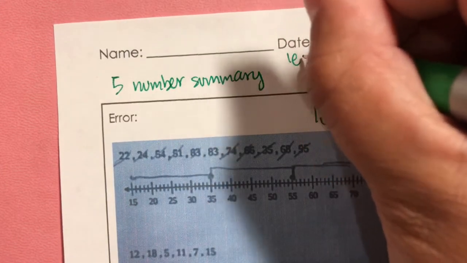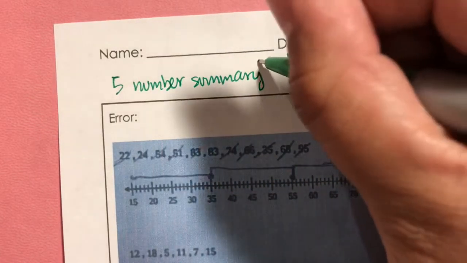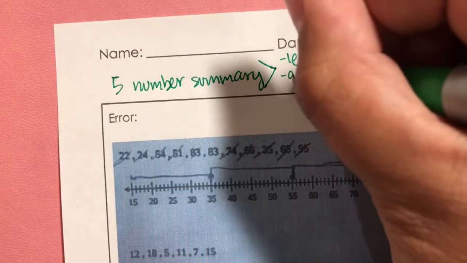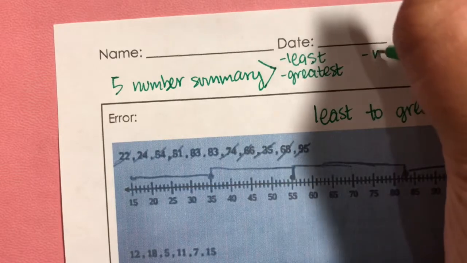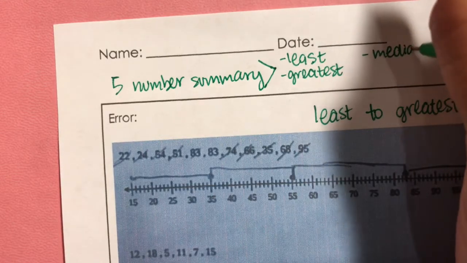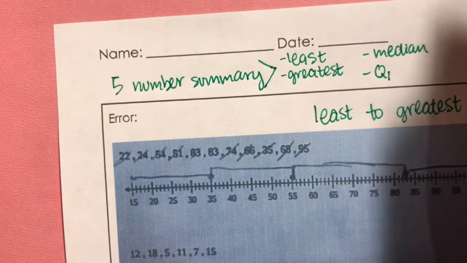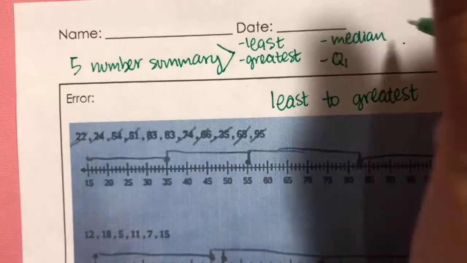It's going to have the least valued number, I'm going to put a little arrow here, least valued number, greatest valued number, median, and quartile 1, or first quartile, and third quartile.